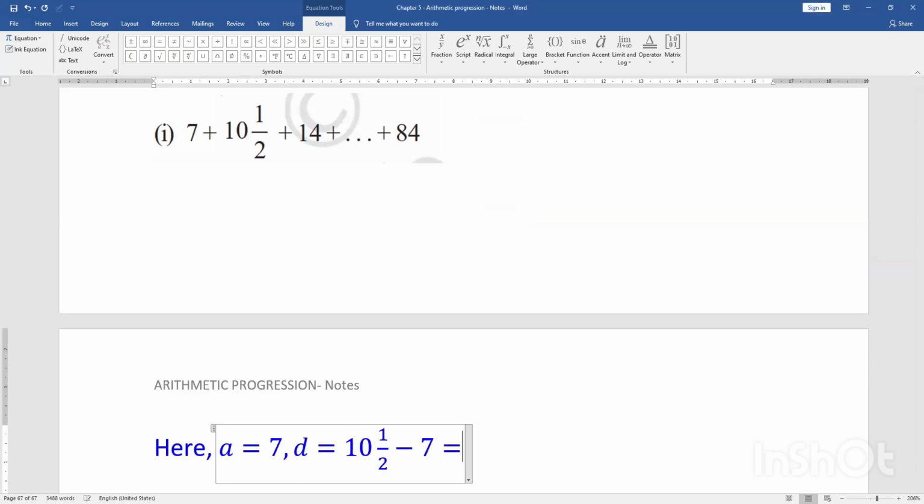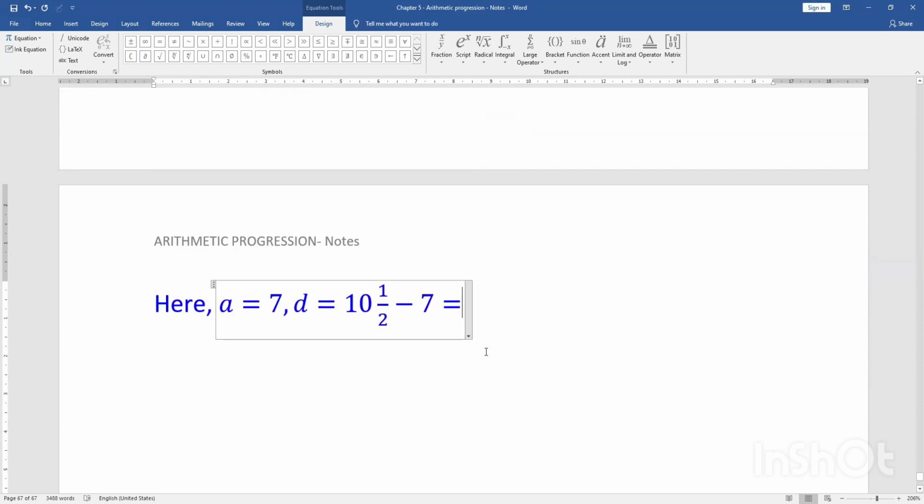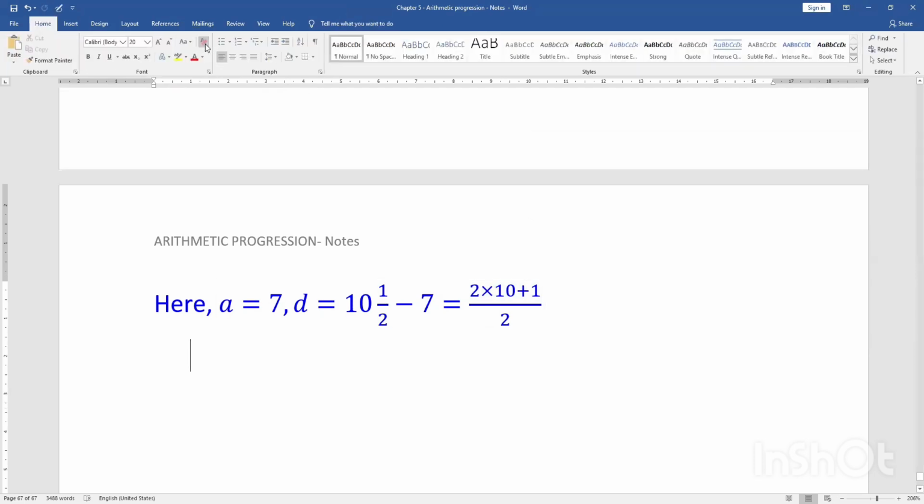Now I'm going to convert this mixed fraction into an improper fraction. So in the denominator you write 2, and in the numerator you get 2 into 10 plus 1, minus 7.